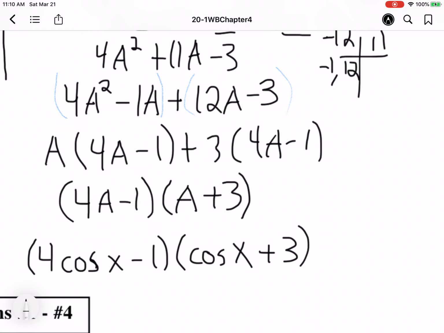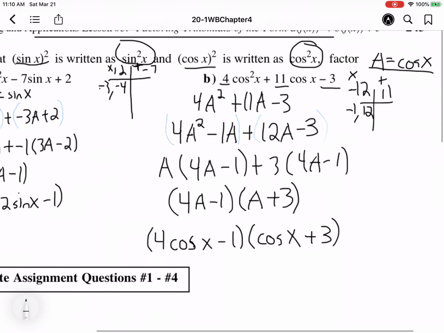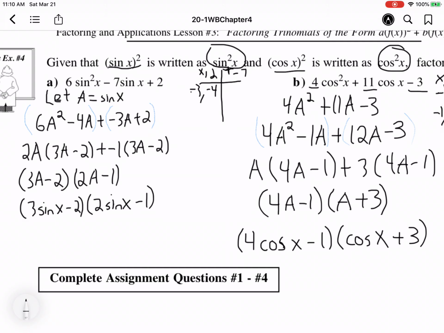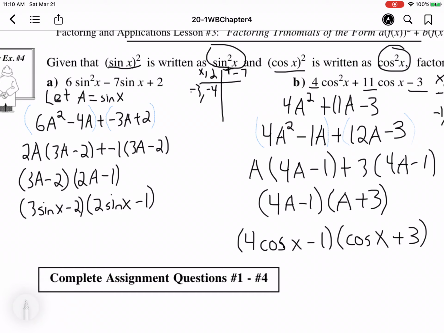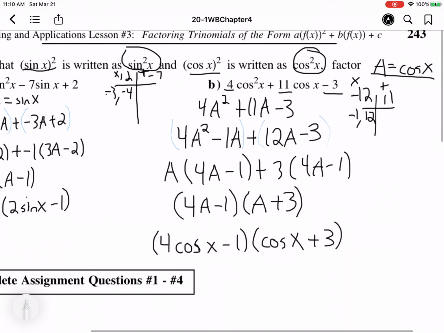Remember, you can use a substitution for anything as long as it follows the degree that we set out, right? This degree is degree 2, degree 1, degree 0. This one here is degree 2, degree 1, and degree 0, right?